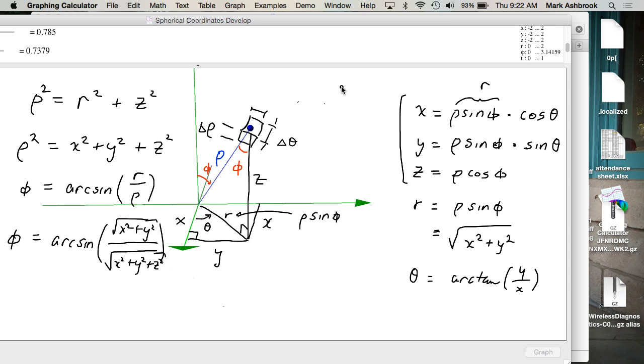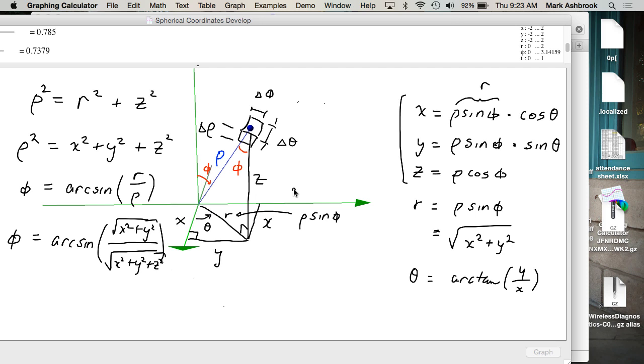But we know that a change in angle measure is not a distance, right? So this is going to be based on a little change in phi. This is a little tipping, right? This is a little bit of a horizontal swept angle, and then a little change away from the origin, right? So we're going to get this little three-dimensional solid that's going to be like our dV in spherical coordinates.